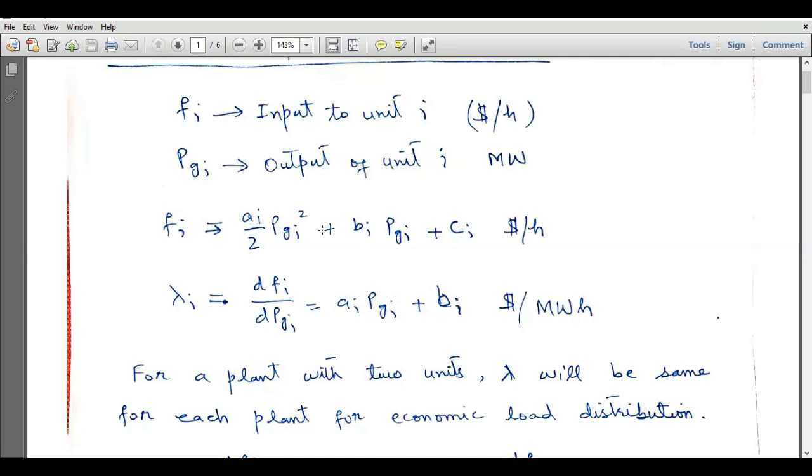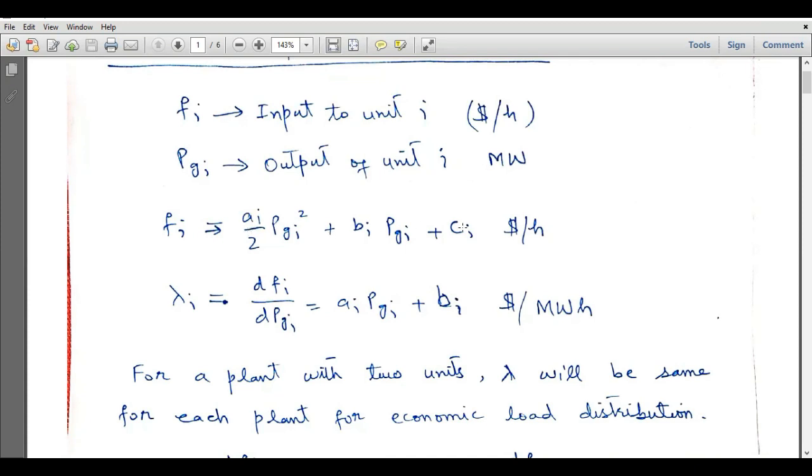So this fuel cost function is actually the characteristic of the generator, and it denotes how the generator behaves when its output is increased. right? So how the generator will consume the fuel if the output connected to the generator is increased. So in this section, we will be discussing mostly the second order polynomial, right?